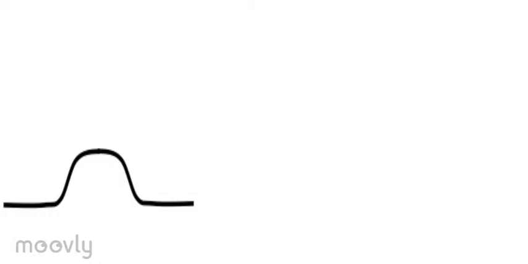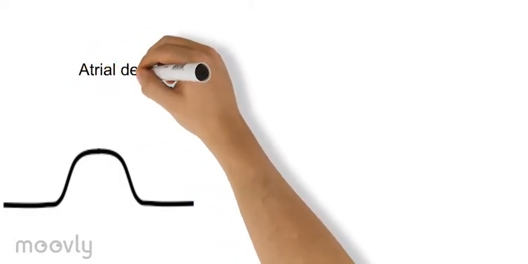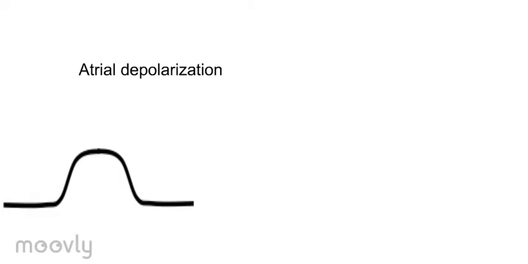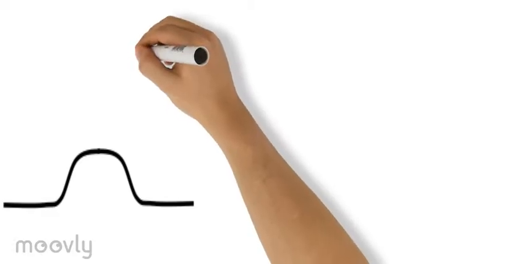First, we're going to be talking about atrial contraction or atrial depolarization. Electrical signals come from the SA node into the right atrium and then the left atrium. On an ECG trace, this is seen as an upward deflection known as the P wave.